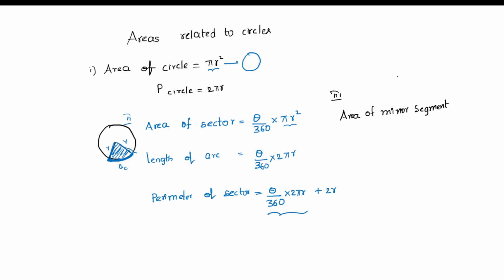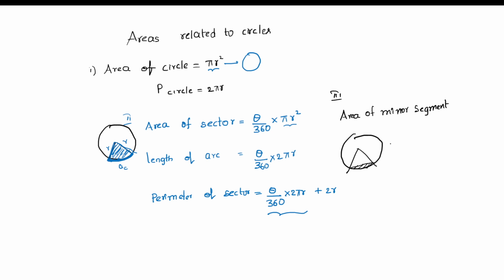A segment is nothing but the remaining portion of area in the sector apart from the triangle area. Now this is a sector. If you separate this sector with a chord or with a secant, the leftover part from the secant to the circumference of the circle is known as area of segment.